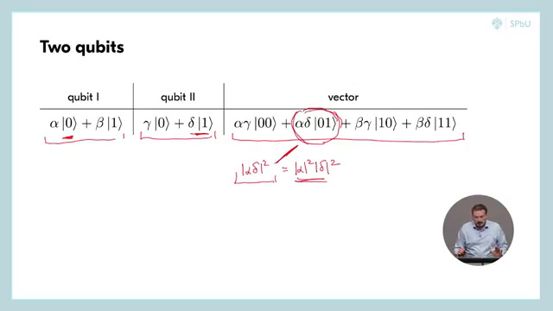Okay, now the interesting part. We just constructed the description of the state of two particles like we just did.